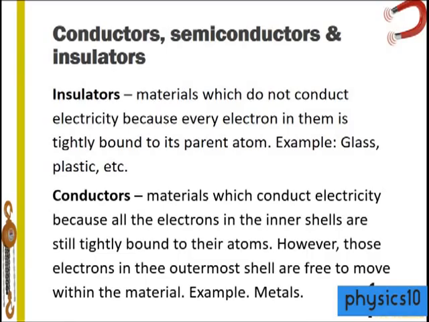So conductors really are just materials which are able to conduct electricity because of the free movement of electrons. Now it's important to note that these electrons originate from the valence shell of the atom, which is the outer shell of the atom.